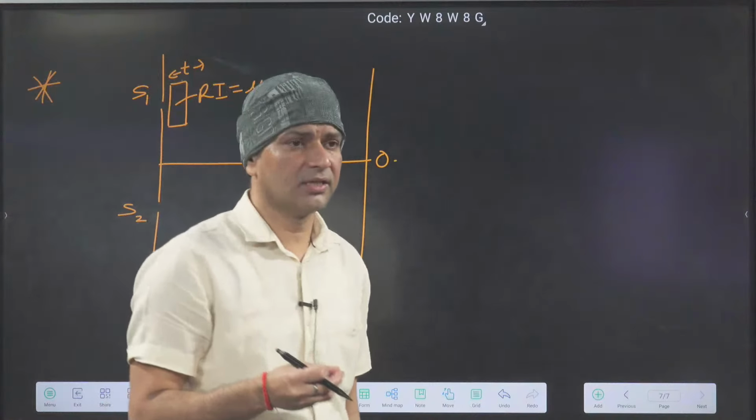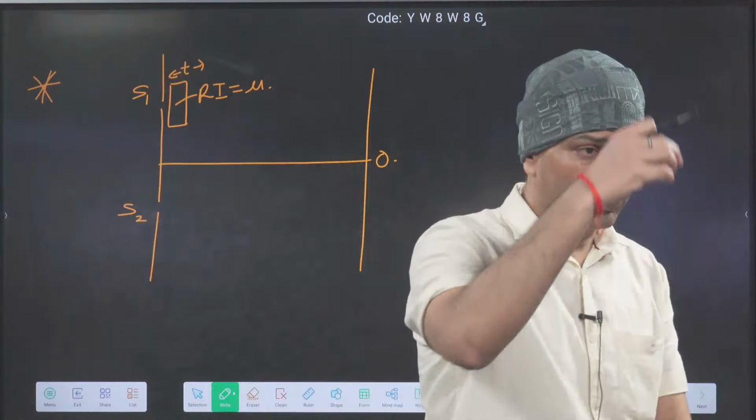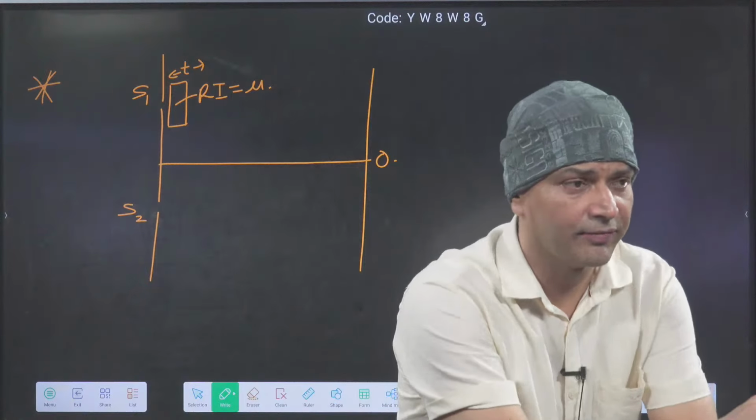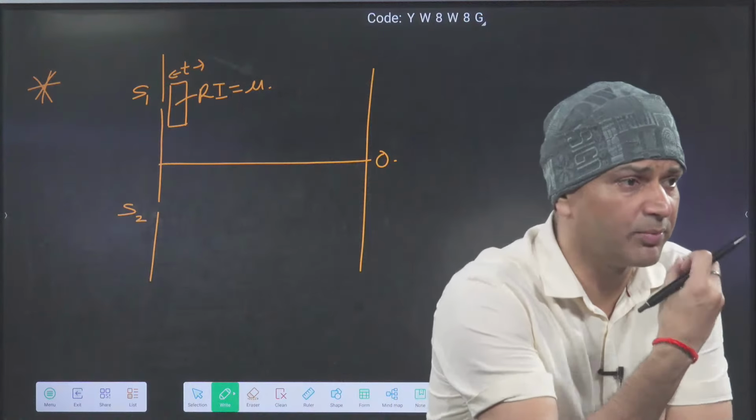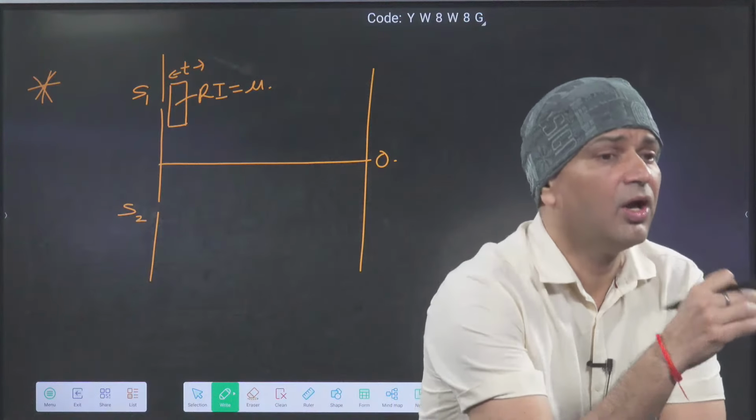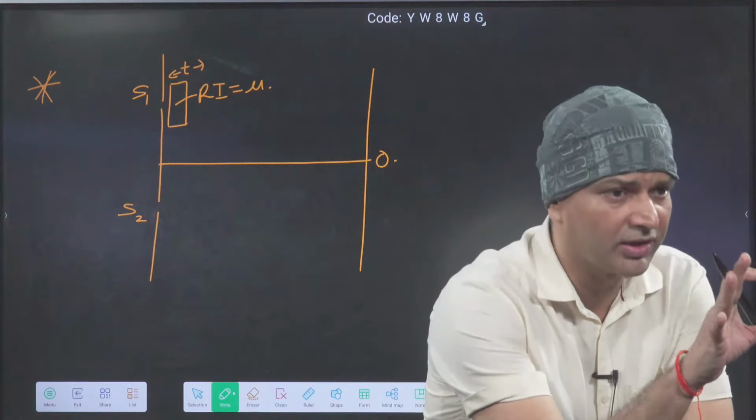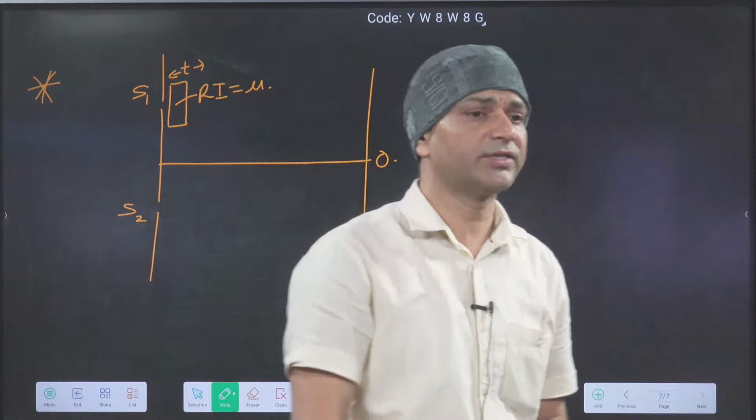In that case, they will ask, by what distance will the central maxima shift? The central maxima will shift by 10 fringes, 5 fringes, or they will give maxima or minima. Why will the central maxima shift first?